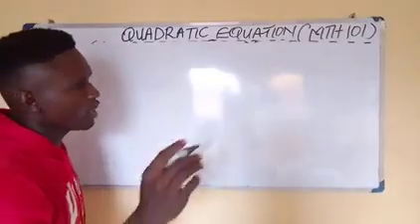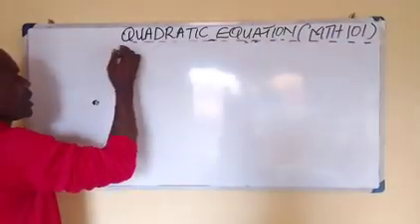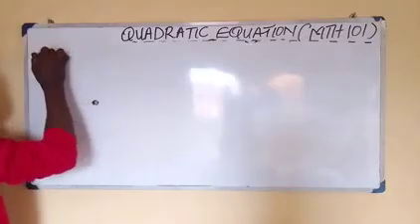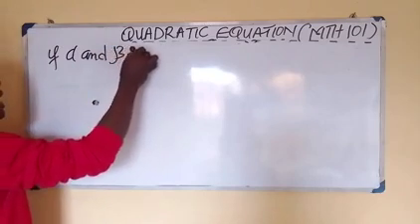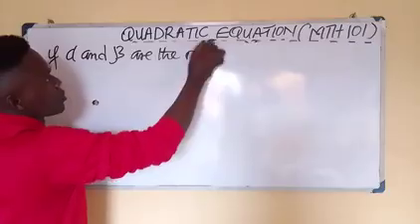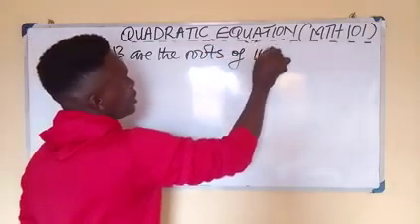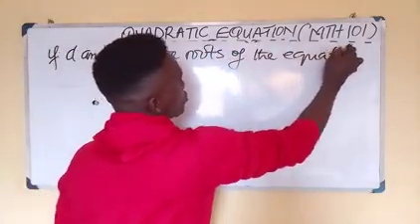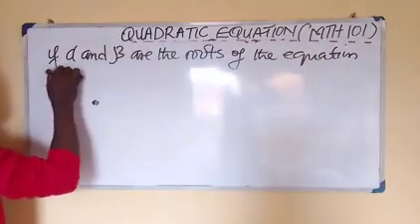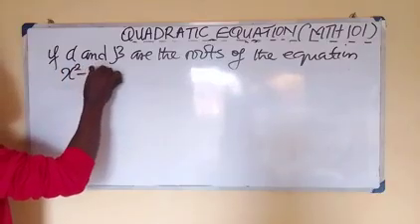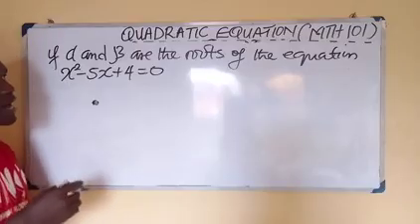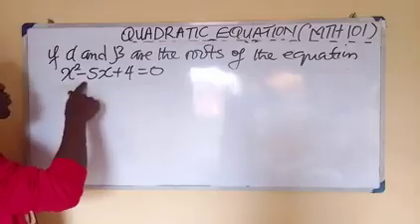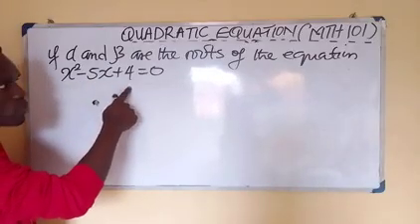So now, if I'm having this expression, let me say if alpha and beta are the roots of the equation x squared minus 5x plus 4 equal to 0. If alpha and beta are the roots of the equation x squared minus 5x plus 4 equals 0.